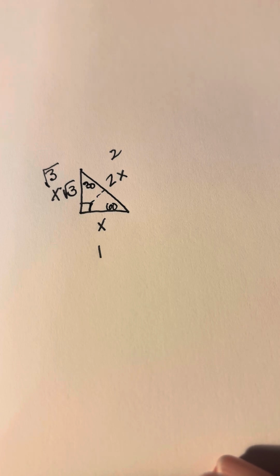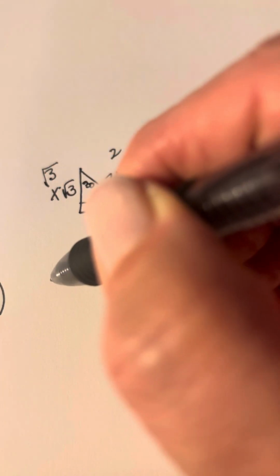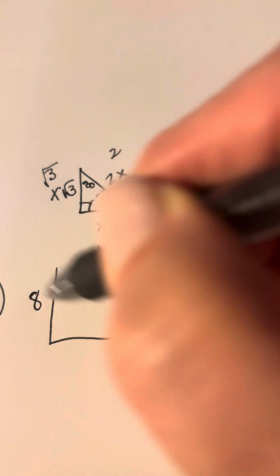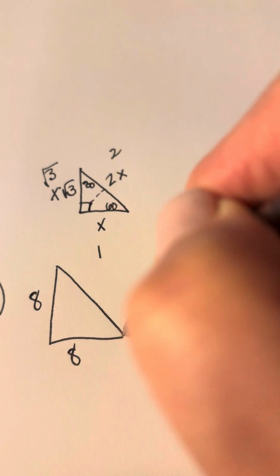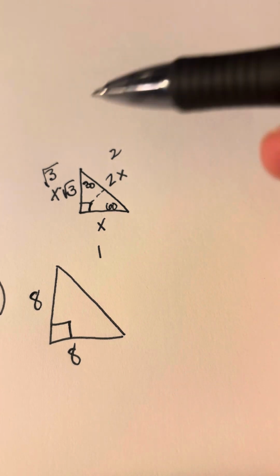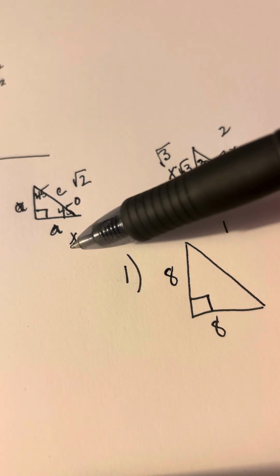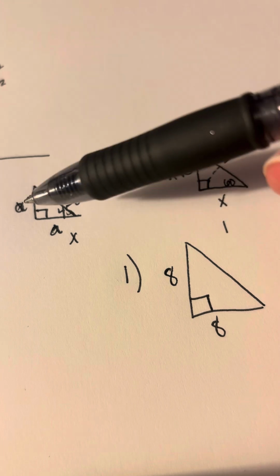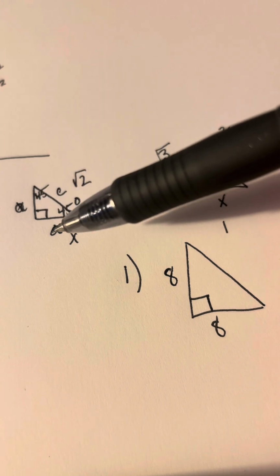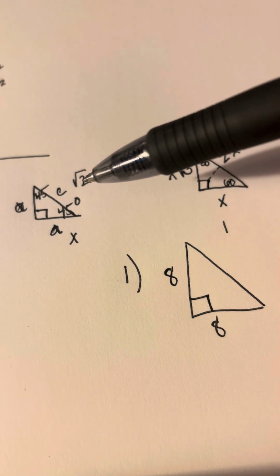Let's try number 1. It says to the nearest 10th. The sides are 8, 8, and they want to know what the hypotenuse is. So if you're using this formula, you would know if these two sides are equal, that these two angles are equal. So this is going to be x, x, x times the square root of 2.